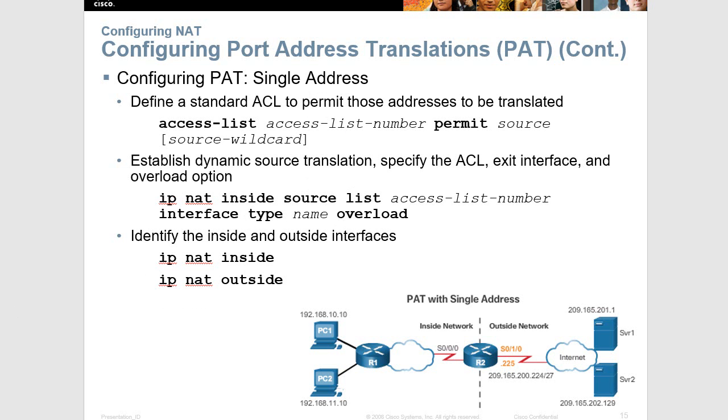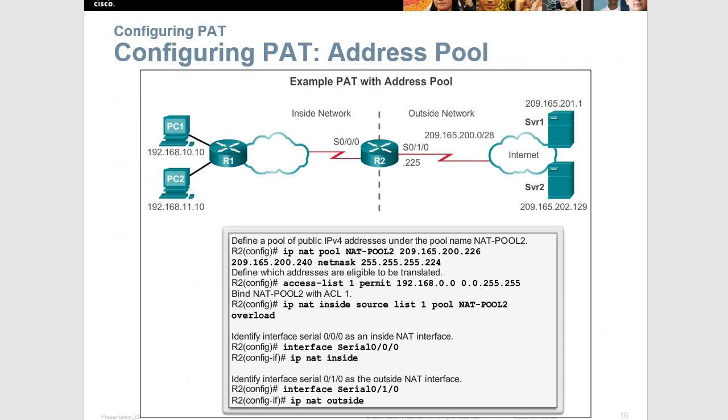So let's take a look at how the first example of PAT, port address translation, would look. It's very similar to NAT and dynamic NAT. This is the slide I used as an example for dynamic NAT, a few slides back. So we have IP NAT pool. We gave the first public IP address, last public IP address, and the subnet mask or net mask.